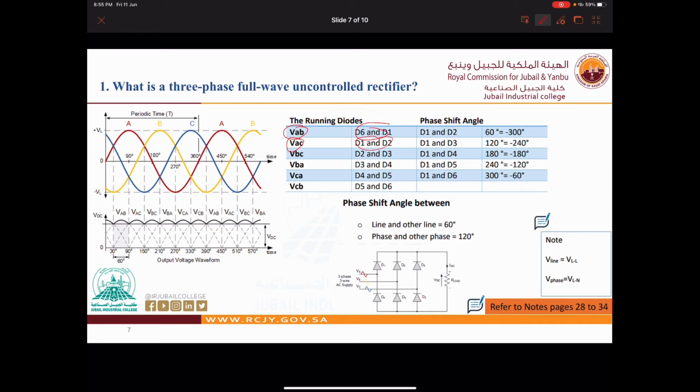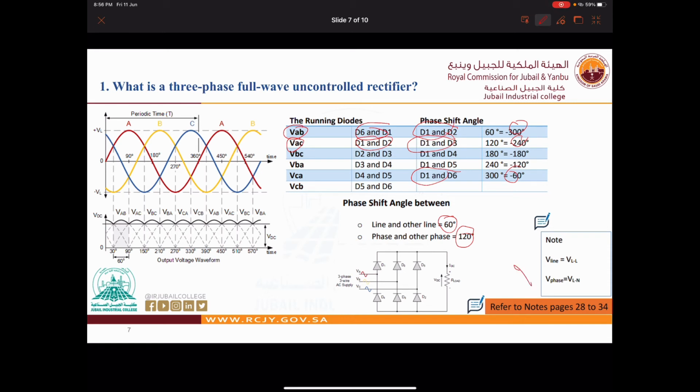For D1 and D2, the phase shift is 300. D1 and D3 is 240. D1 and D6 is 60 degrees, of course. So between one line and another line we have 60 degrees. Between one phase and another phase is 120 degrees, as we know from the three-phase system.